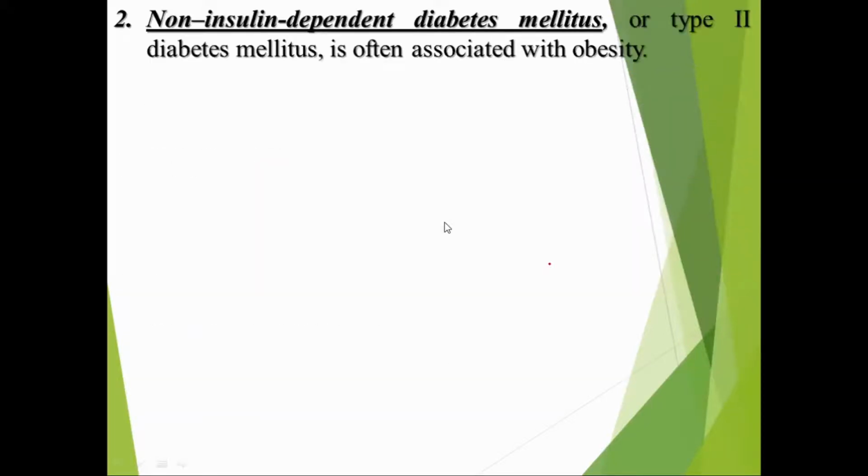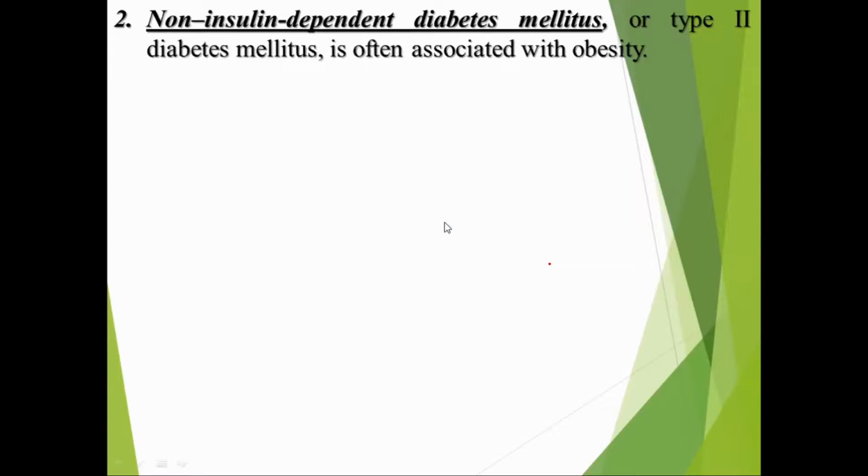Then the second type, non-insulin dependent diabetes mellitus. I will not go into the features and the treatment. I will talk only about those things which are relevant for physiology, because pathology will deal with all those things in detail. I'm just talking from a physiological point of view, about this alteration of functions.